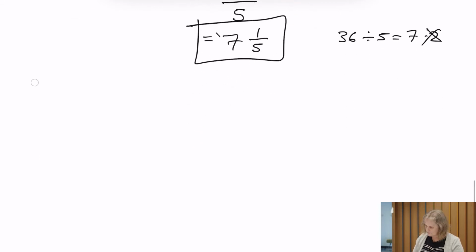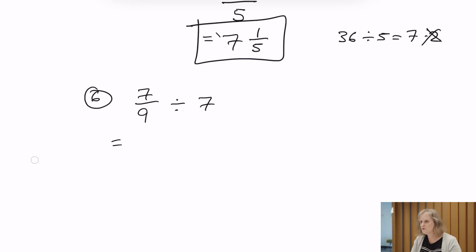Now let's have a look at the next question. We have 7 over 9, and now we're going to divide by a whole number, 7. Anytime we have a whole number, we can write it in fraction format by putting it over 1. So 7 over 1 equals 7 as a whole number.